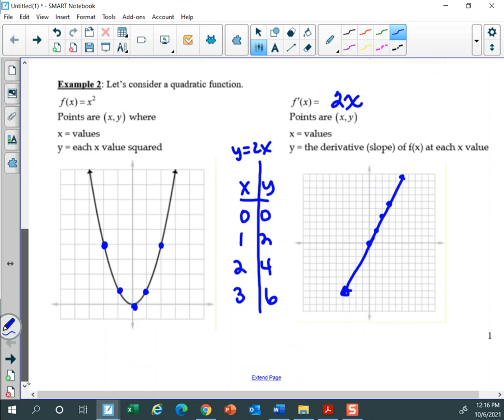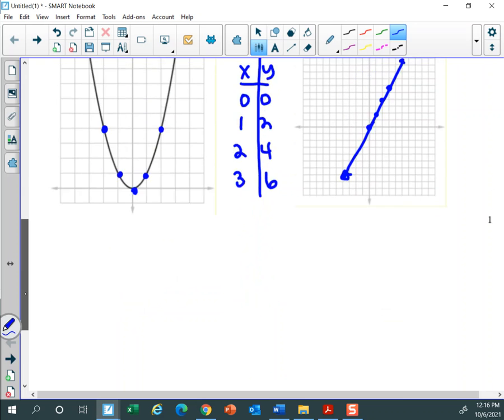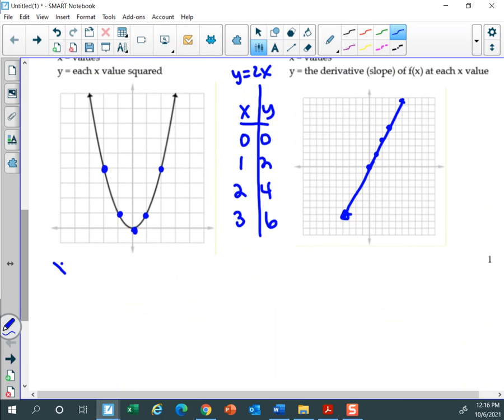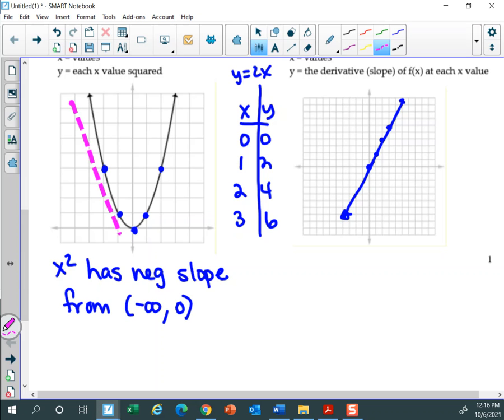If I look at x squared graphically, and we're going to talk about the slopes, x squared has a negative slope from negative infinity to 0. Okay, so this whole side of x squared has a negative slope.